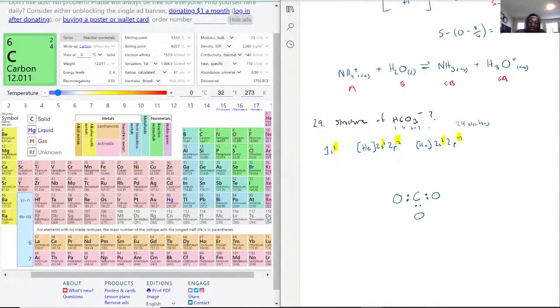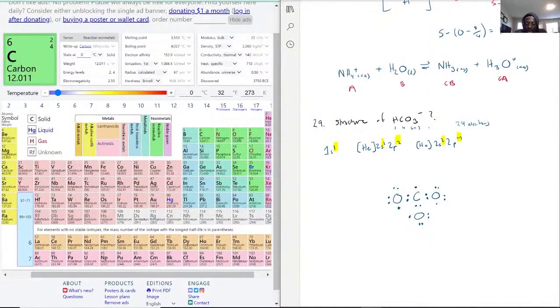Oxygen here is sharing 1 of its 6, so 2, 3, 4, 5, 6. Same with this one, and the next. And now carbon, of its 4 electrons, it's sharing 3 of them, so it needs 1 more. And there's that extra one as well.